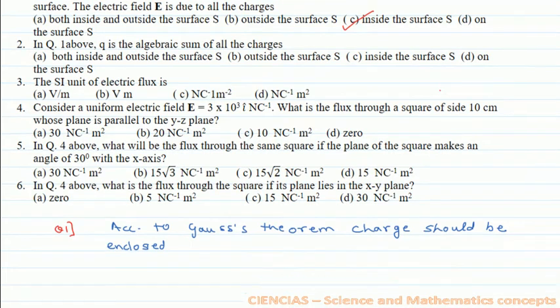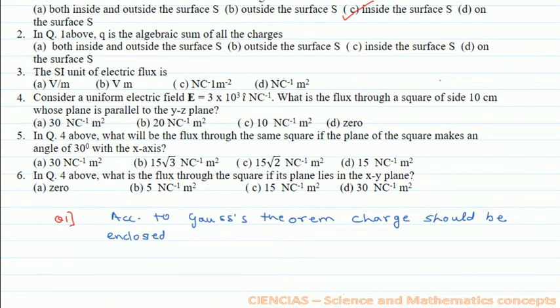So in question 2 also, charge should be enclosed, and inside charge is to be taken. So here also we have option C. In the first question the answer was option C, and in the second also the option is C, inside the surface S.